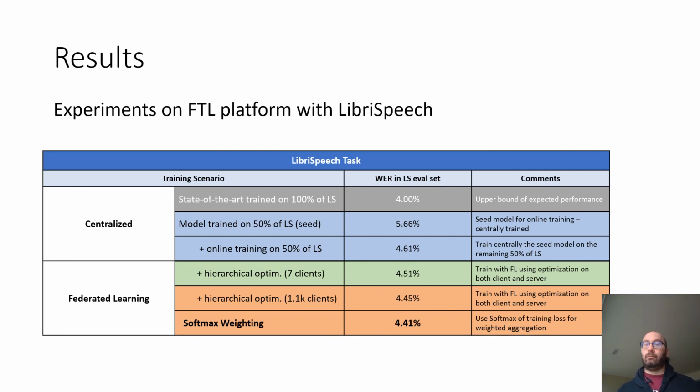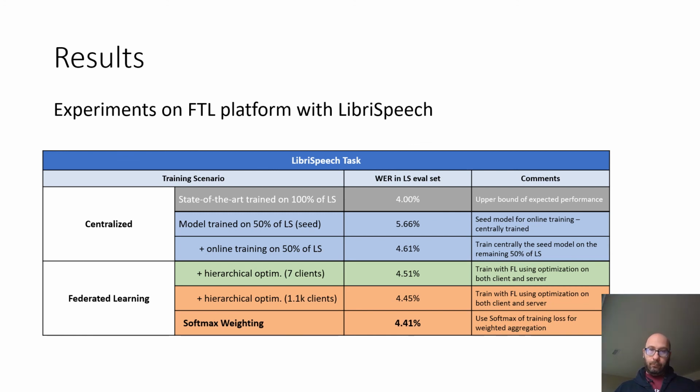During federated training, the second half is split in non-overlapping chunks of data. We have investigated two scenarios, either splitting the data in 7 partitions or using 1,100 partitions, 1 per speaker. In the first scenario, the client data chunks are more uniform, whereas the second scenario ensures less uniformity. The more diverse scenario leads to better performance, although marginal.